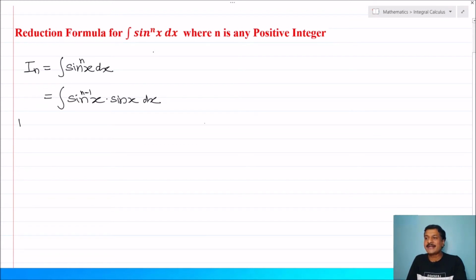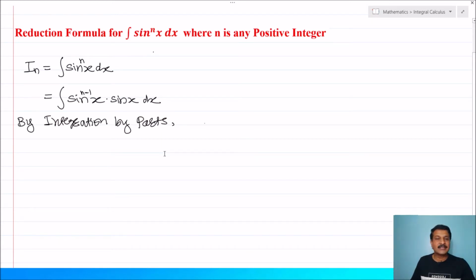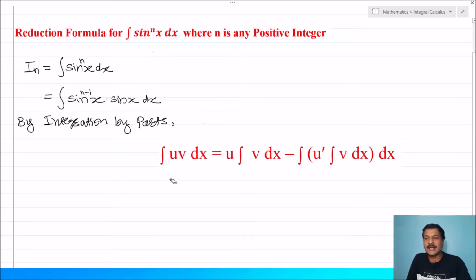Now by integration by parts, what is the formula? As we know, integration of uv dx equals u into integration of v dx minus integration of u dash, where dash means derivative of u, into integration of v dx. Here you consider this as your u and this as your v.